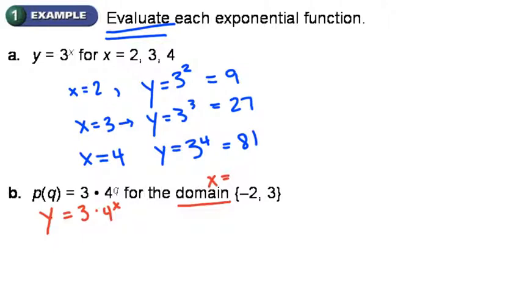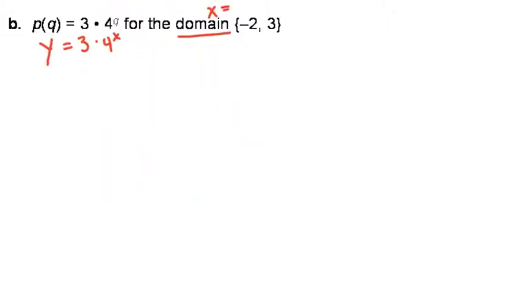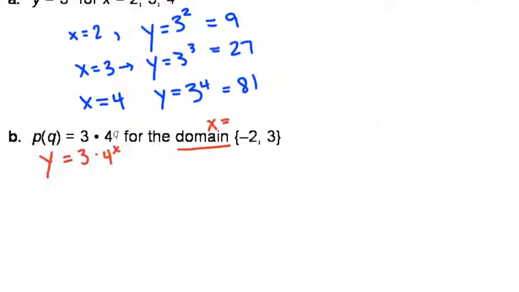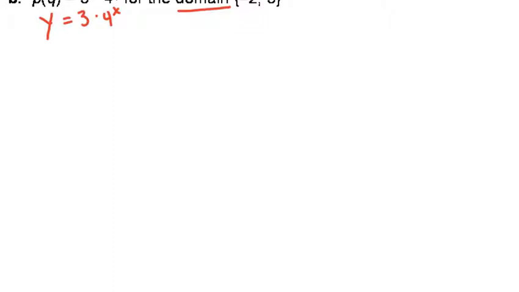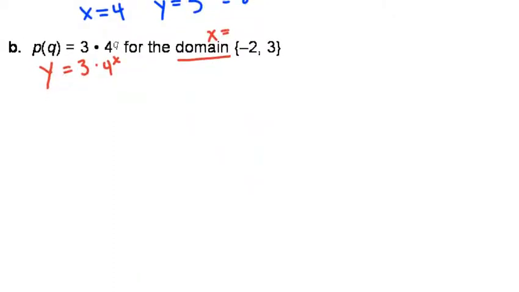All right, so now let's go ahead and simplify these, or write it out and simplify, I should say. Okay, so we have when x is -2, we have y equals 3 times 4 to the -2.